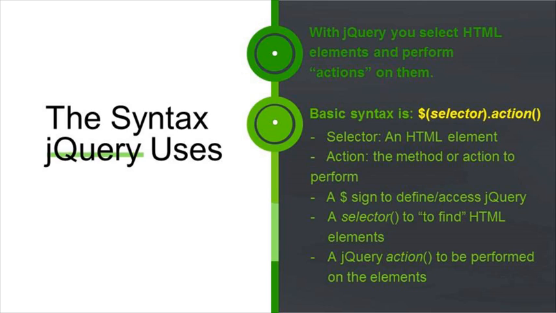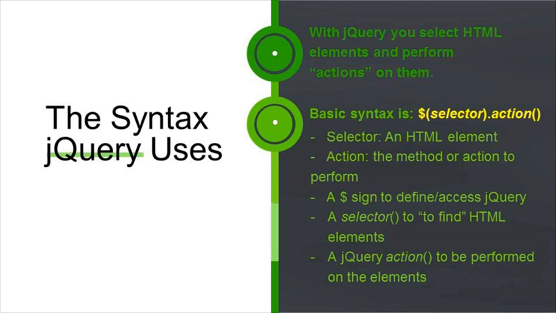So the basic syntax for jQuery is a $, followed by parentheses, and inside the parentheses is going to be an HTML element, or also known as a selector, and after it's going to have a dot to connect an action to it, or a method or a function. So I'll just use the term function, and a function performs the same action as a method.